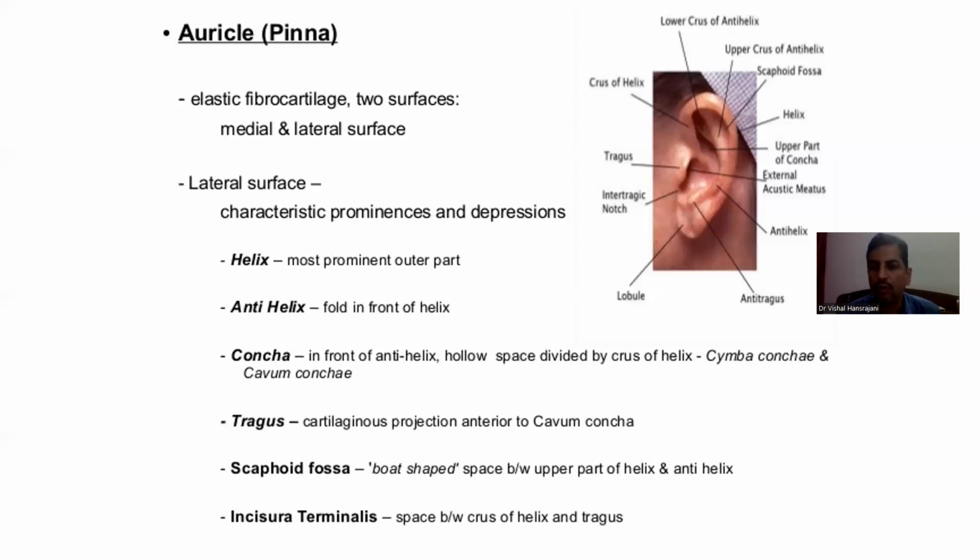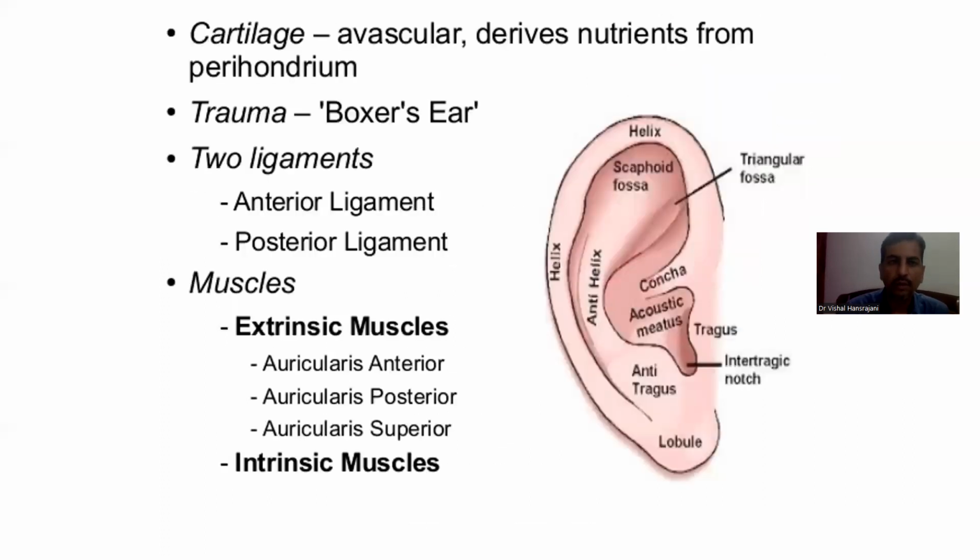So whenever we want to give an incision over the pinna in cases of the endaural approach of ear surgery, we incise in the incisura terminalis, by which we prevent any cut over the pinna cartilage. In that way we avoid the complication of perichondritis.